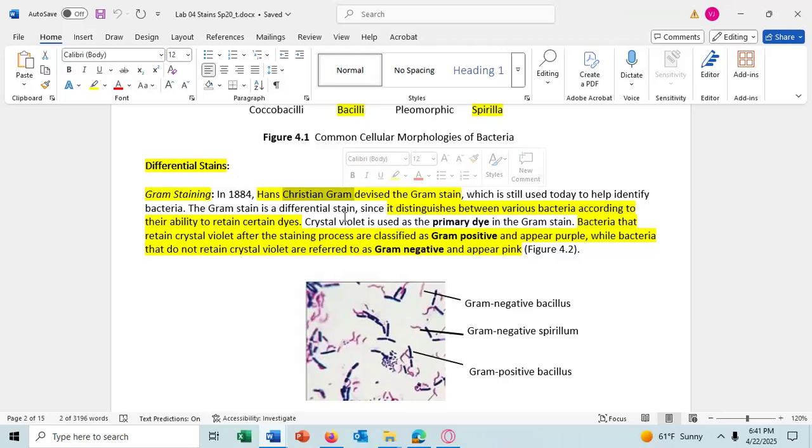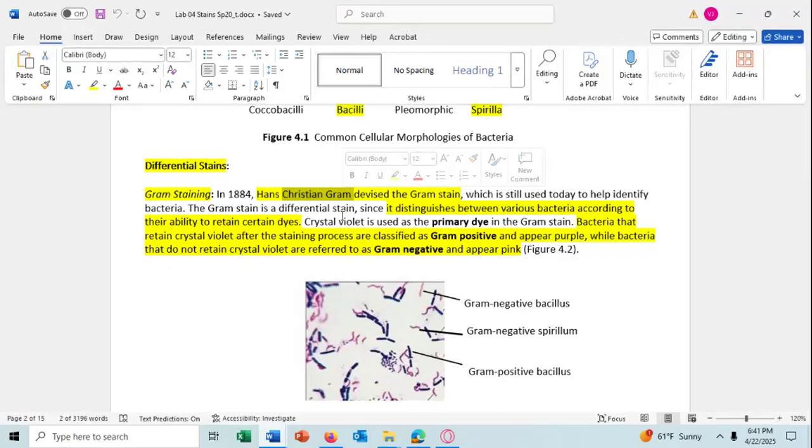Microbiologists then began using his stain and they realized that it differentiated bacteria into two very large groups, the gram-positive cells, which stain dark purple, and then the gram-negative cells, which stain lighter pink colored. It distinguishes the various bacteria according to their ability to retain certain dyes.